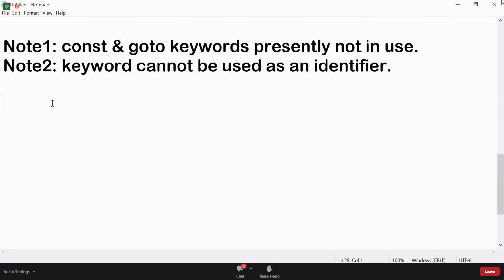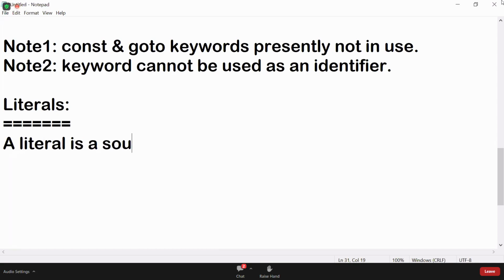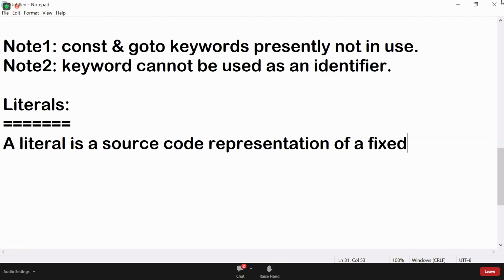Now, next concept, literals. Noted? A literal is a source code representation of a fixed value.